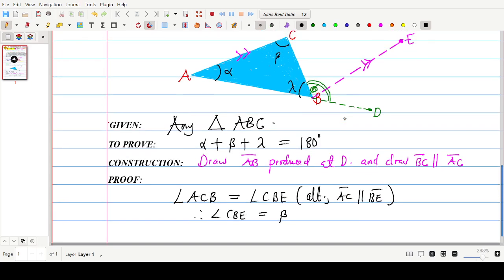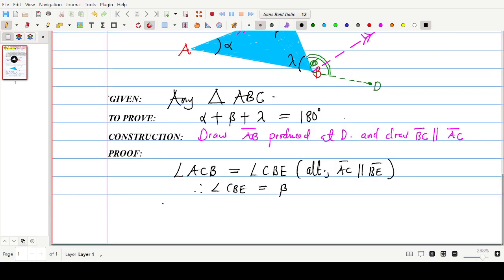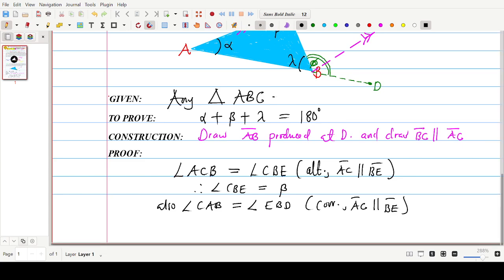We can say angle CAB is equal to angle EBD, right? What is the reason for this statement? The angles are corresponding, and not just that, the line of formation AC is parallel to line BE. That is the reason for the equality. Otherwise, they will just be mere corresponding angles. All right. So we've done this already. That means that it follows that angle EBD is also alpha, because angle CAB is alpha from the diagram.